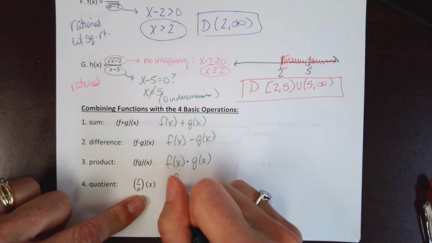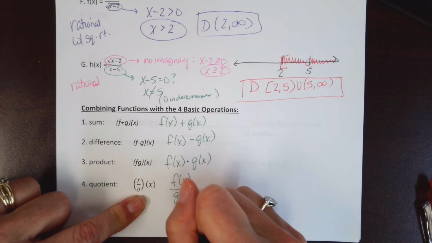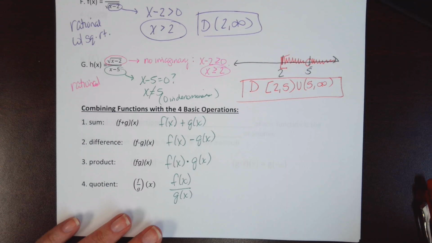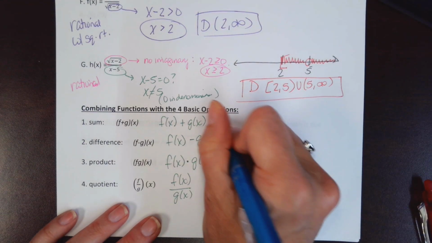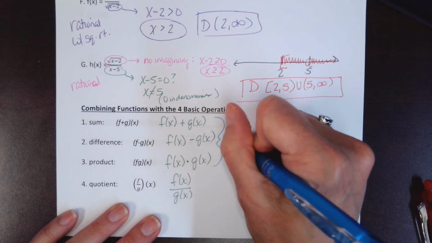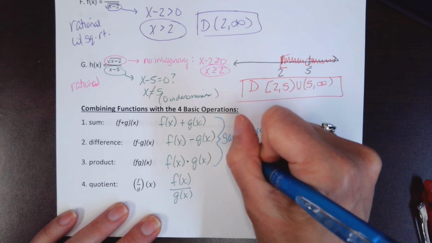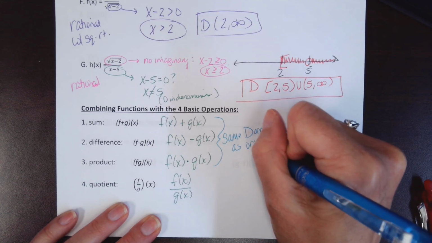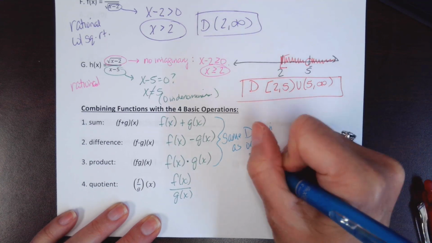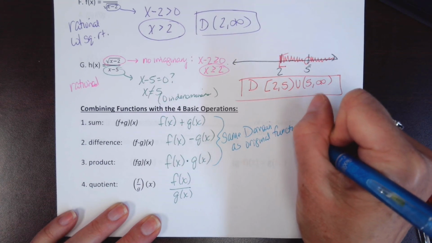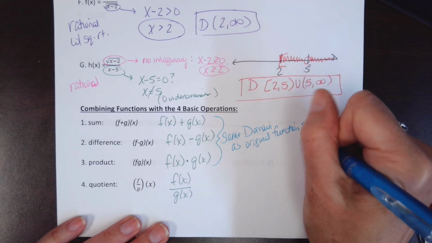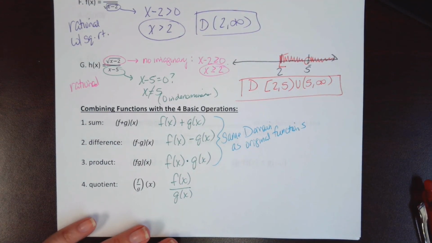And here I'm dividing. Now, these first three are going to have the same domains as the original functions. So whatever restrictions I had on the original functions, I have those same restrictions on my combined function.